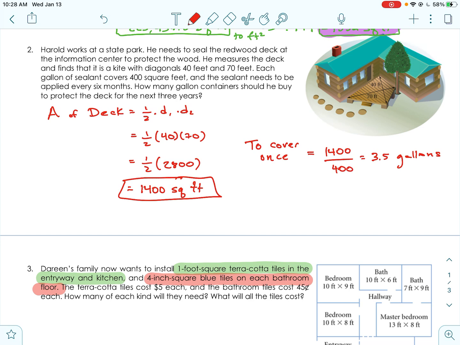That means over the course of 3 years, each year he'll have to cover this deck 2 times, 2 applications, which gives us 6 applications for the total 3 years. So to figure out how many gallons you would need, you take 3.5 and multiply it by 6. So he would need 21 gallons of sealant.